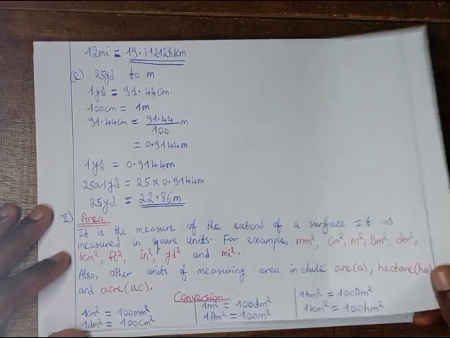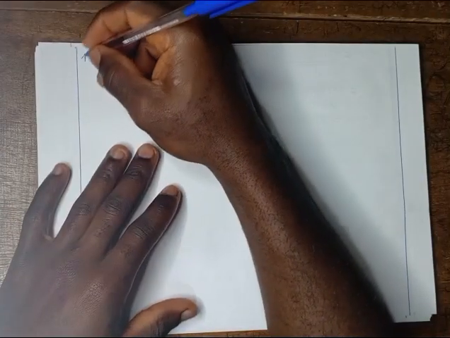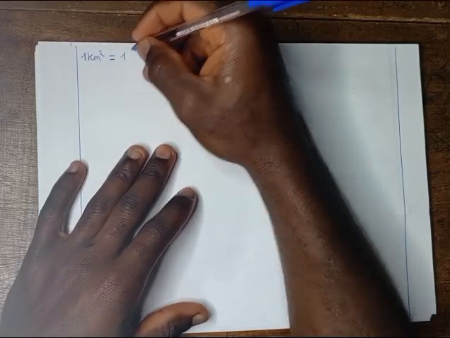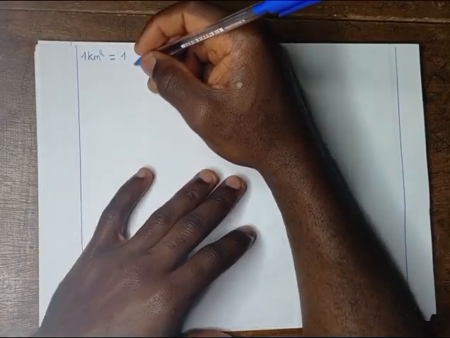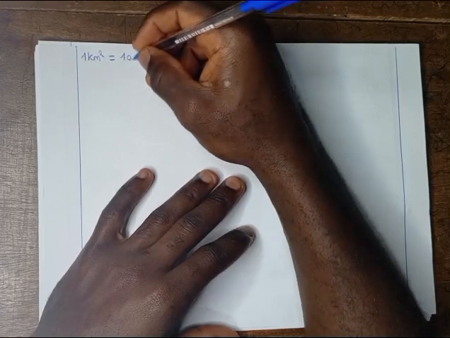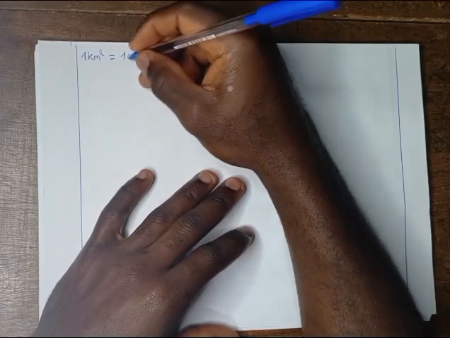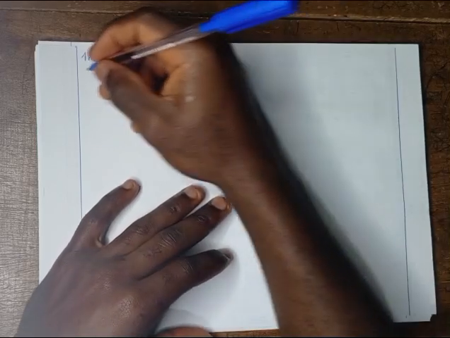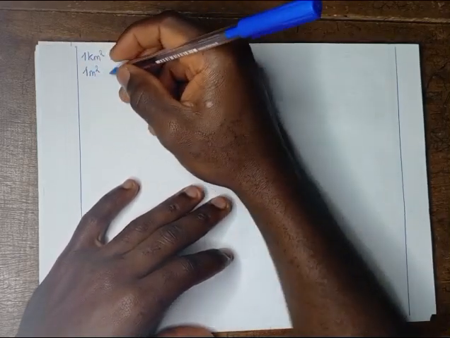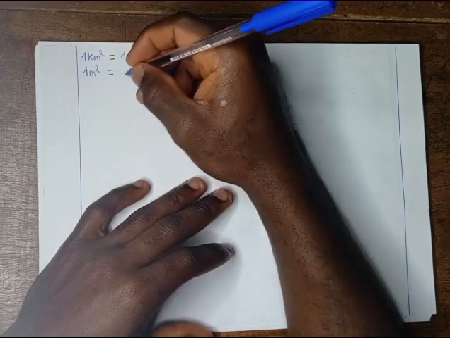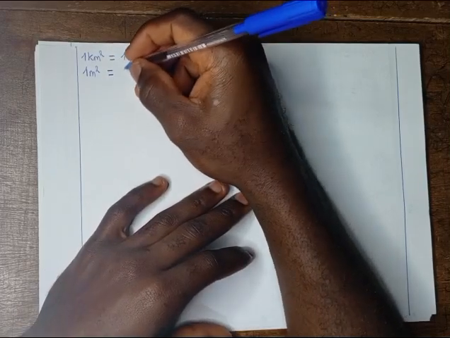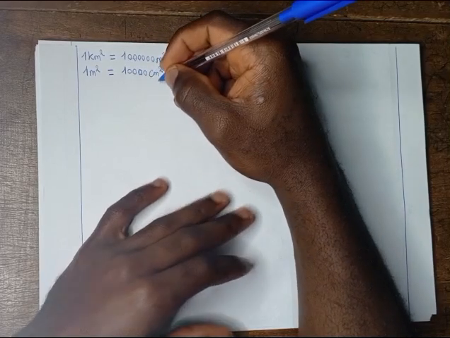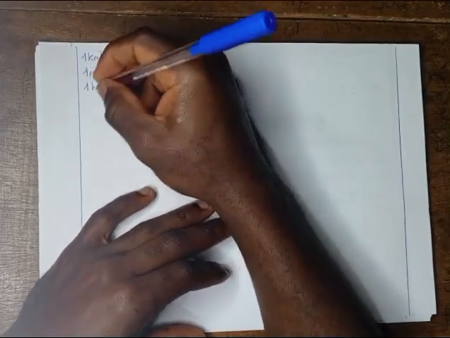We go to the next. 1 kilometer squared is the same as 1 million meters squared. We have 1 meter squared. The next one is the same as 10,000 centimeters squared.